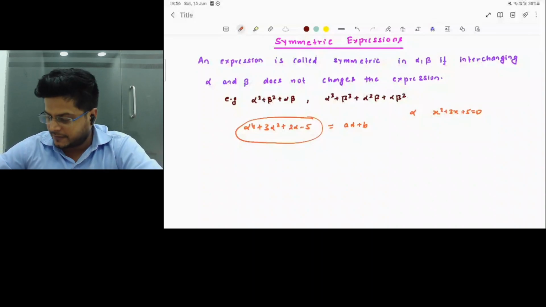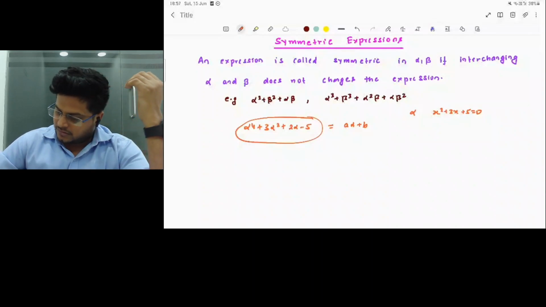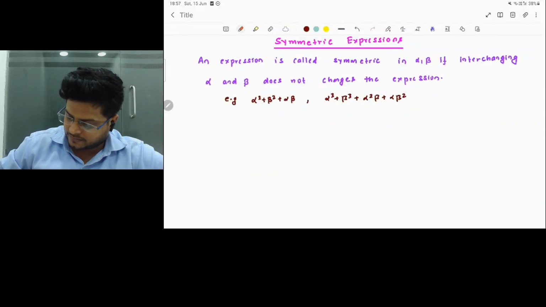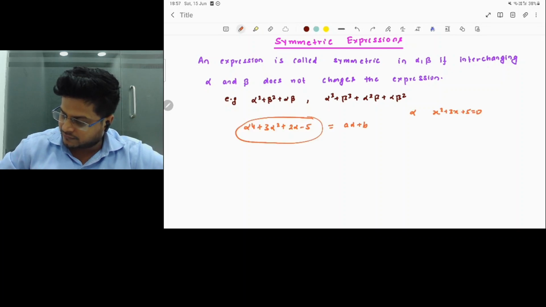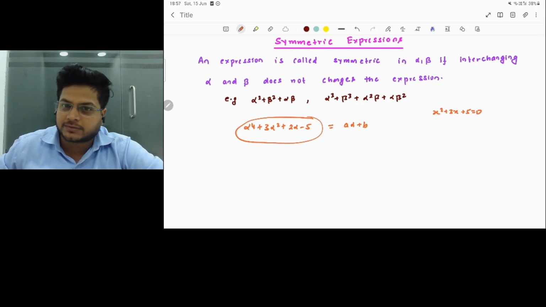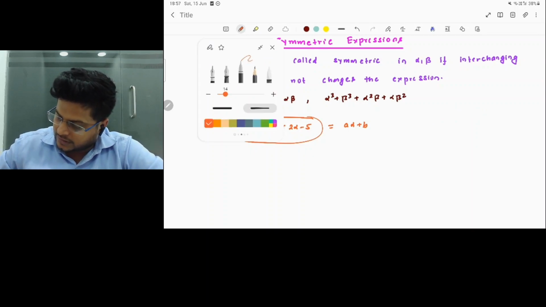Let's take that question itself. Let's say that alpha is a root of x squared plus 3x plus 5 equals 0. Okay, so let me rewrite it.